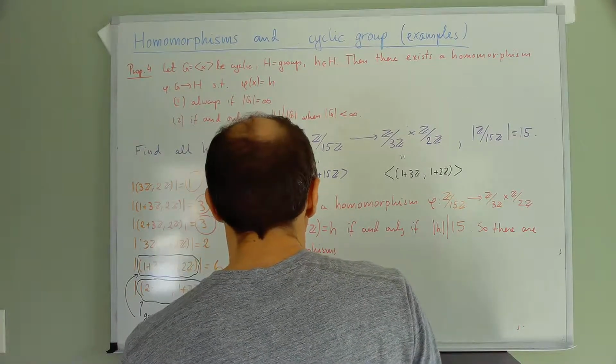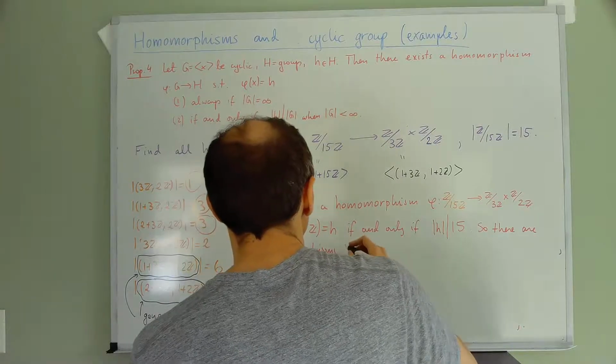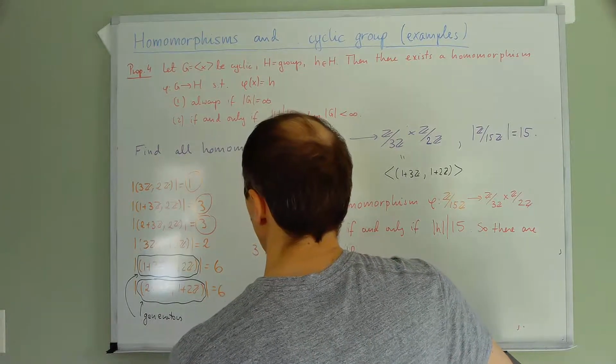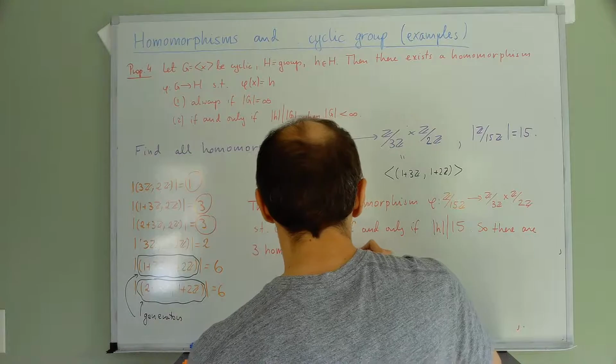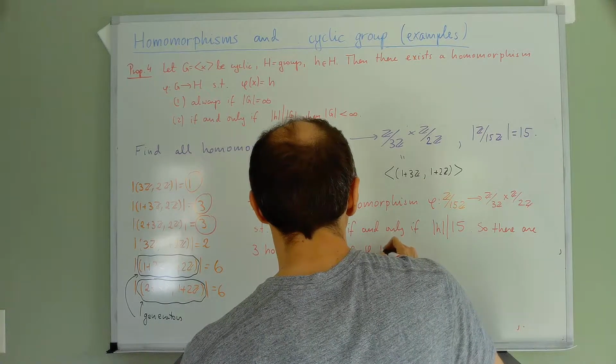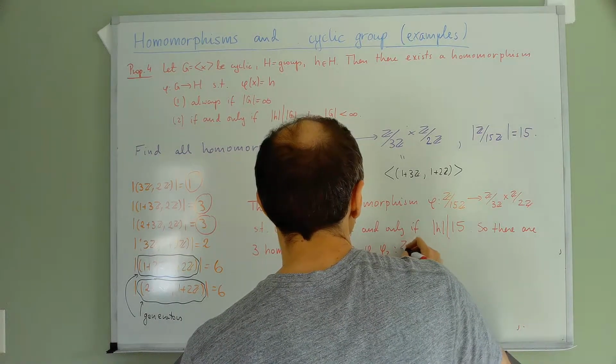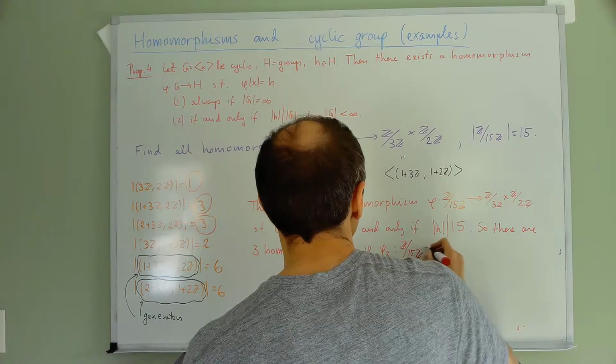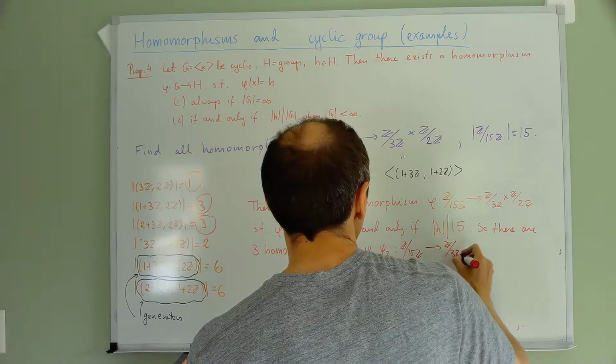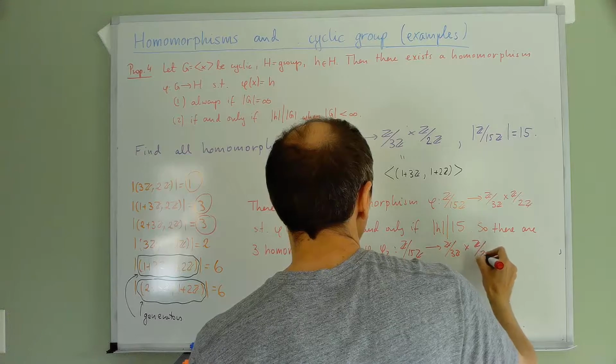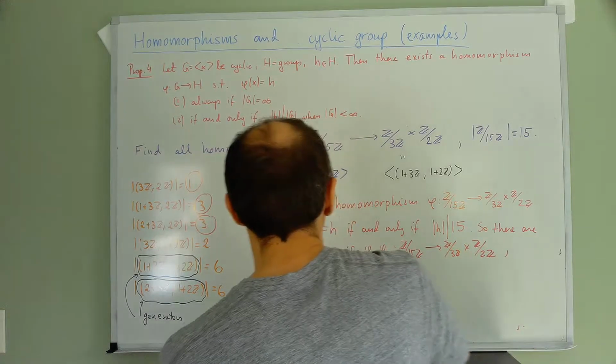The 3 homomorphisms, let's call them phi 0, 1, 2. Maybe that's a good idea. From Z mod 15Z to Z mod 3Z cross Z mod 2Z. And what are they given by?